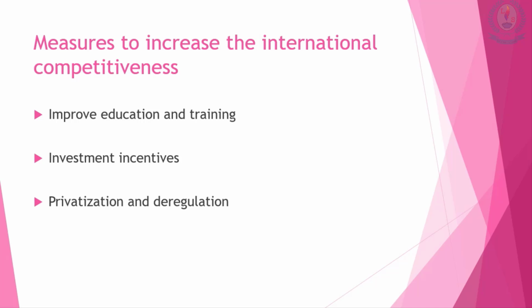And in deregulation, the rules imposed by the government are loosened so as to give more freedom for businesses. So both these options would increase the freedom and increase the efficiency of businesses, ultimately resulting in a higher international competitiveness.